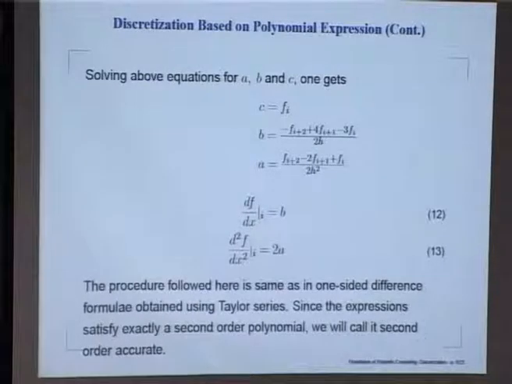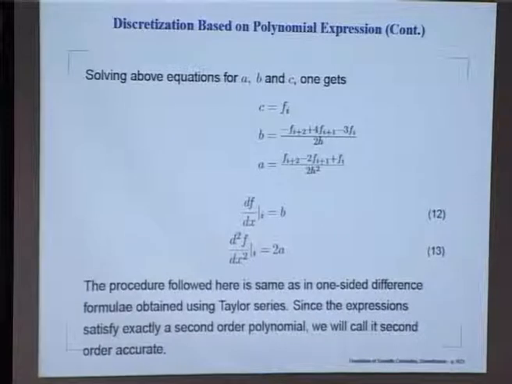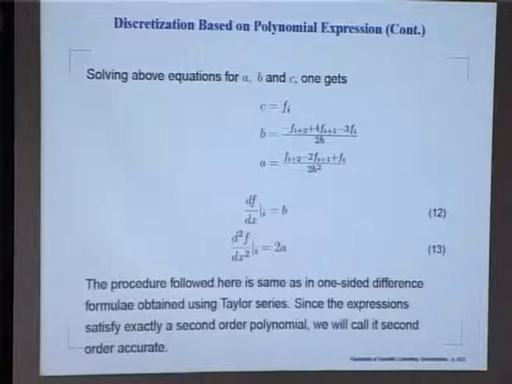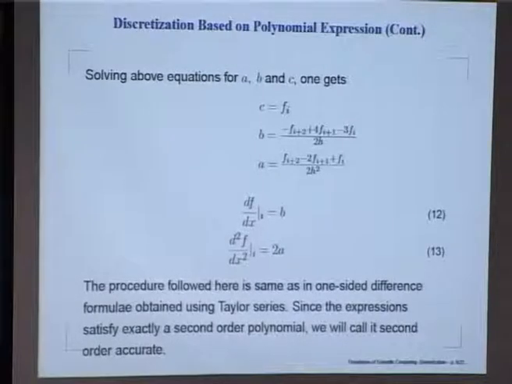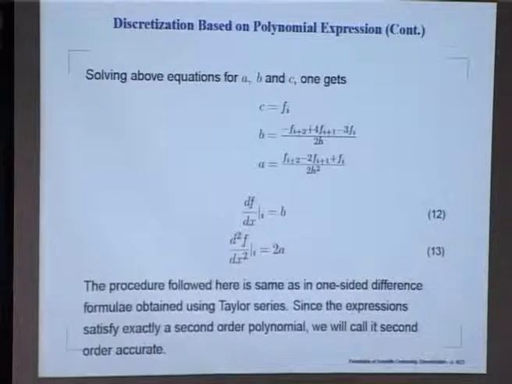Now, it is very easy for you to understand that if you are trying to find the derivative at x equal to 0, because we have written a x square plus b x plus c, the first derivative would be simply b, because we are evaluating at x equal to 0. The second derivative at x equal to 0 will be 2 a. So, we can actually make use of this.